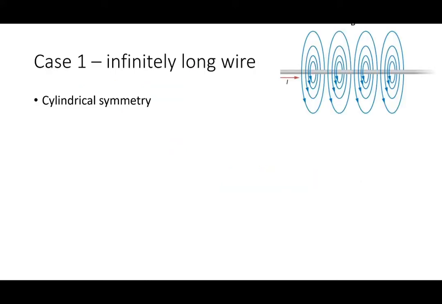So we'll visit those cases. The first one is for an infinitely long wire. That's the case of the cylindrical symmetry. And before we apply Ampere's law, we already have to basically know the direction of the magnetic field pretty much everywhere. That's just the nature of it. It's very similar to how it was when we did Gauss's law.